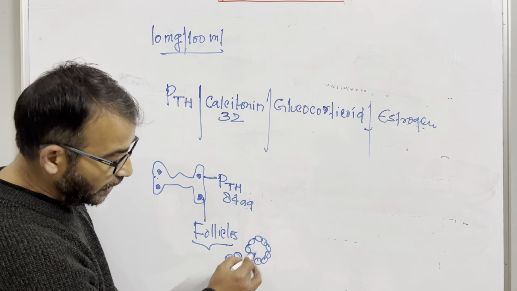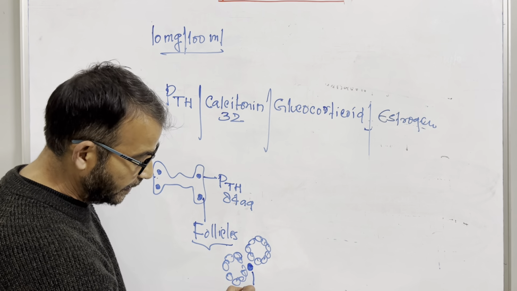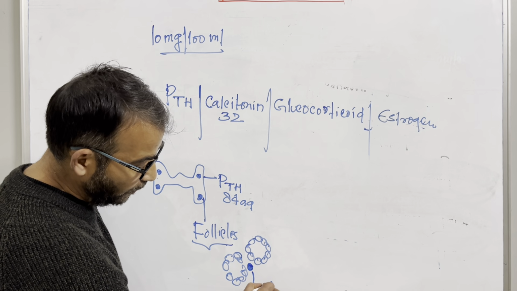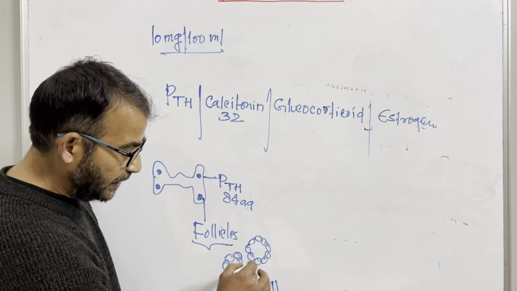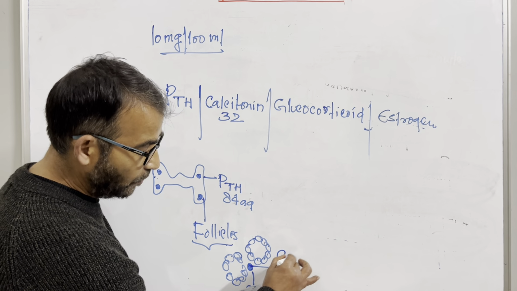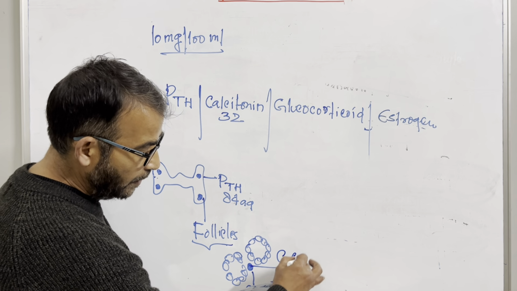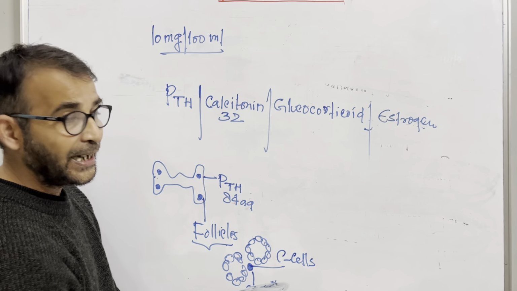But in between these follicles, there are endocrine cells known as C cells. These C cells are responsible for the secretion of calcitonin. That is how it got its name, C cells. Now the C cell secretes calcitonin.